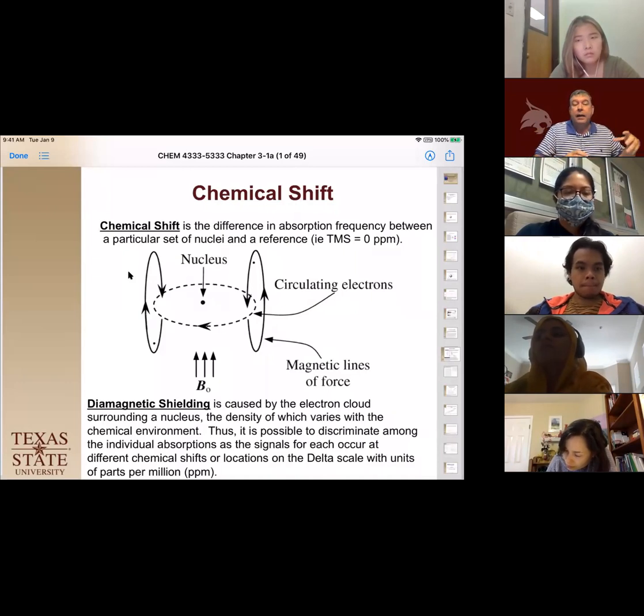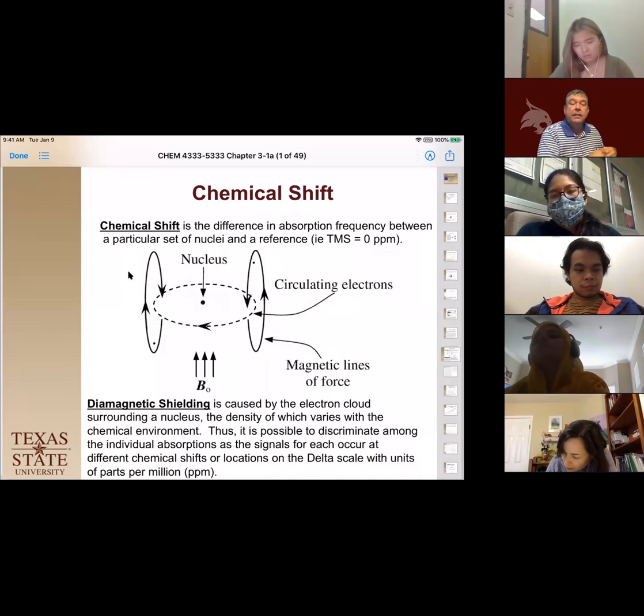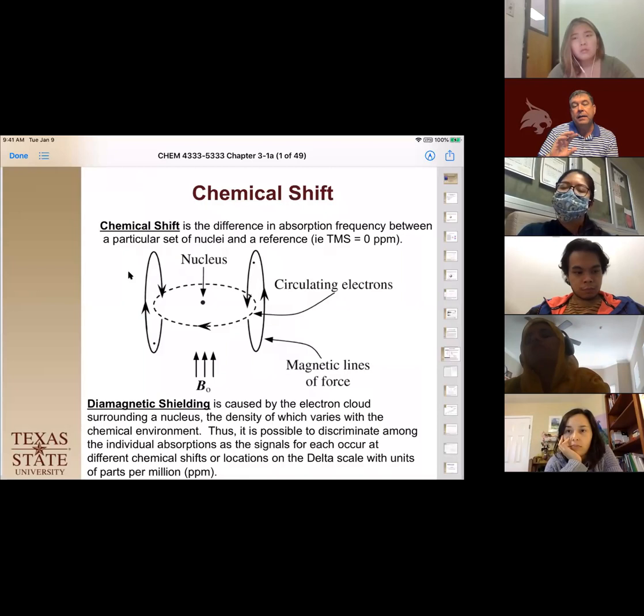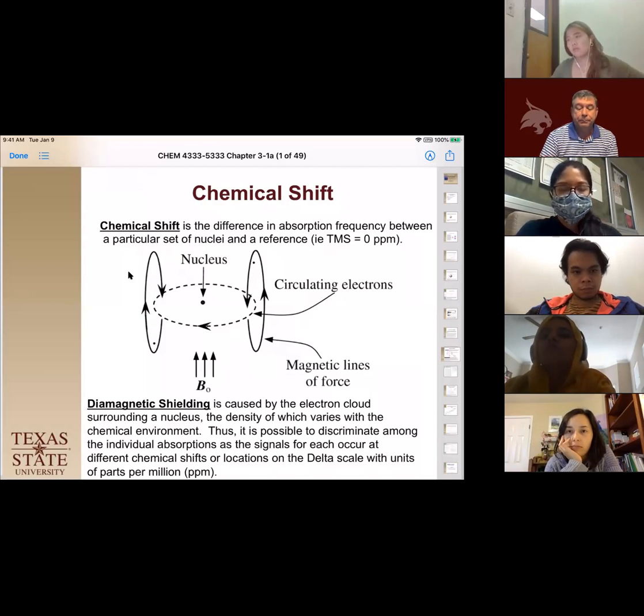If you add something that has a pi bond, that's going to de-shield it, and that's going to make it change. Okay, and we'll talk about that as well. But it's just the idea that the electrons are why we have these shifts in this spectrum.